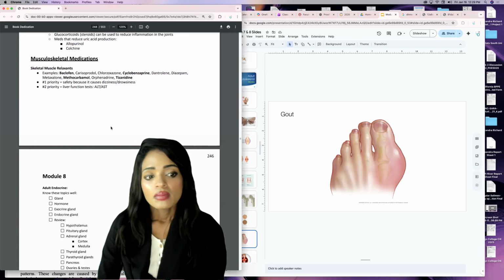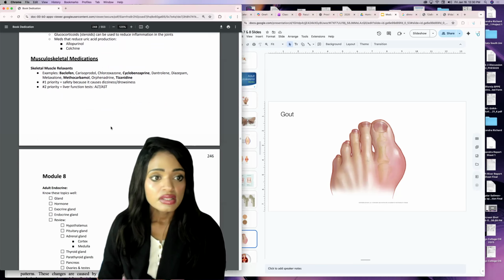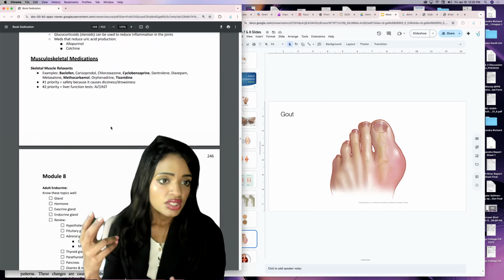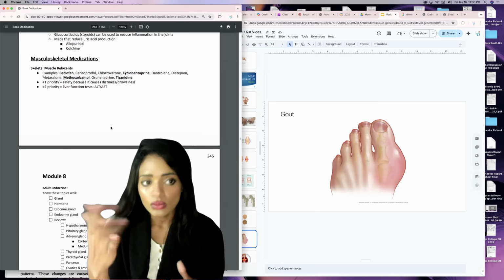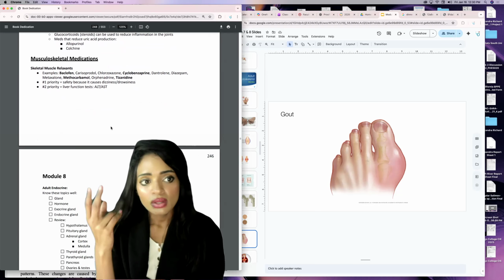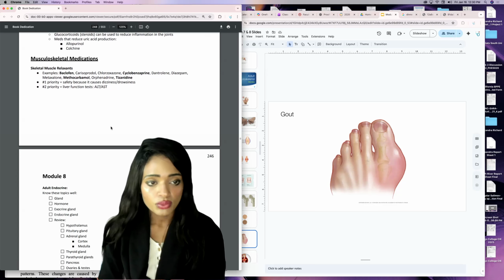All right, musculoskeletal medications. I want you to know this. These are the muscle relaxants. The other medications that we've talked about were specific to the disorders like gout. We just learned about two, and we learned about alendronate and ibandronate for osteoporosis.